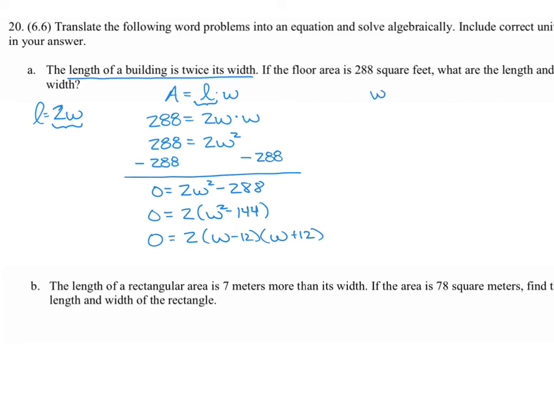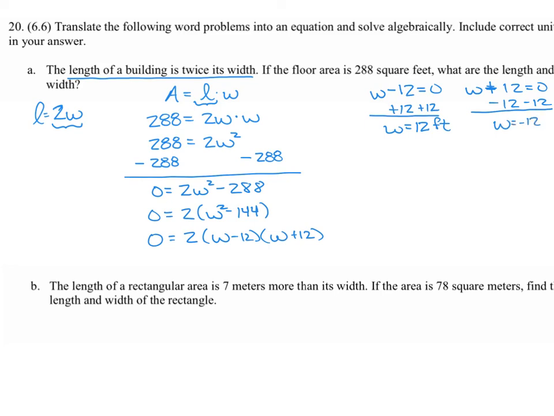So if we go ahead and set each factor that has a variable in it equal to 0, in the first one I can add 12 to both sides. We get W equals 12 feet. The second one, we subtract 12 from both sides. We get W equals -12.